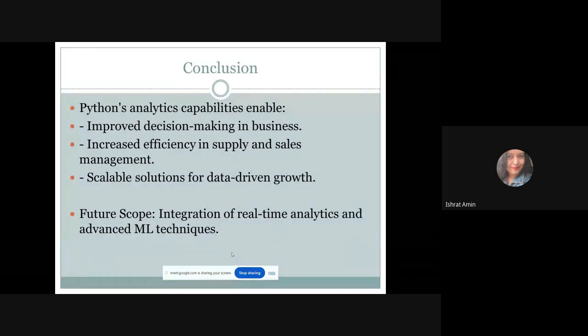Python's analytic capabilities enable improved decision making in business, increased efficiency in supply and sales management, and a scalable solution for data-driven growth.